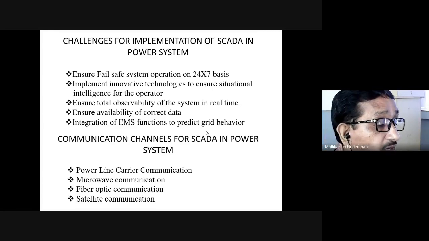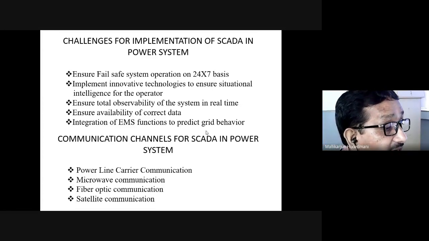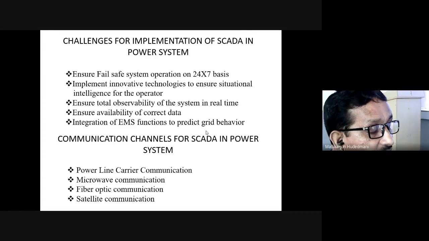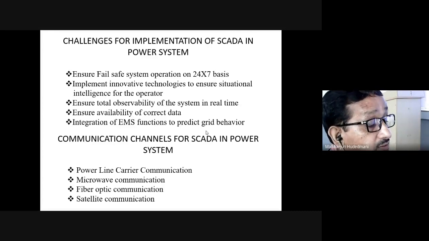If it is readily available to the control center dispatcher, the system will always be normal, because the system always finds turbulences due to the dynamics of the components and the load behavior.